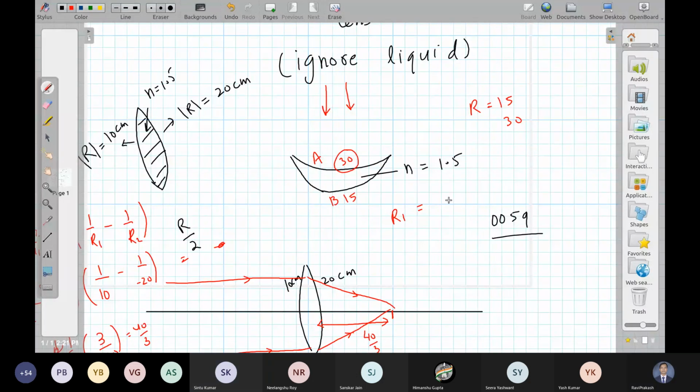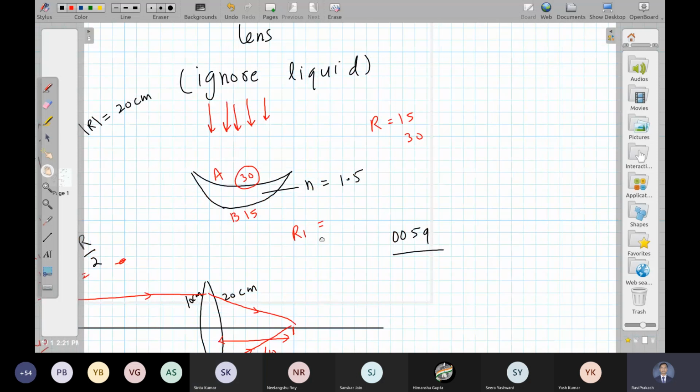Both are positive number? Huh? Light इस side से आ रही है. Yes, sir. Why positive? कैसे पता चला positive है? Sir, we consider in the direction of light through sign convention. So this case is equivalent to this case.